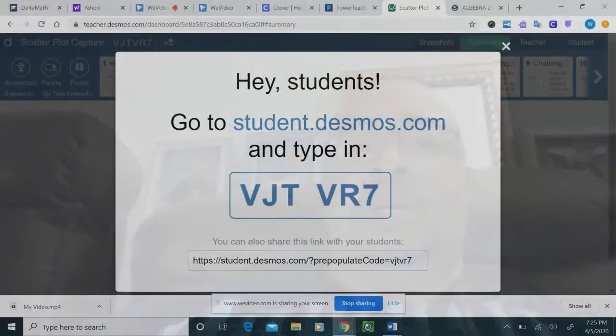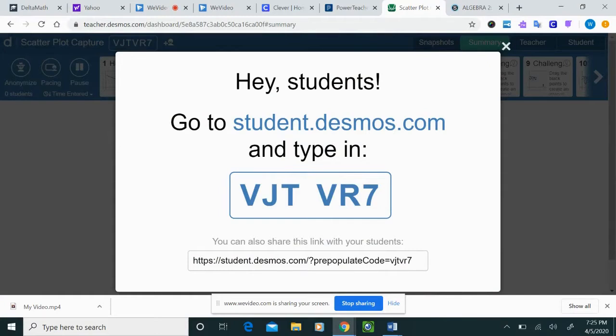This is what you need to be doing first this week. I have an assignment: go to student.desmos.com, and the password is right here. You're going to do that assignment first.